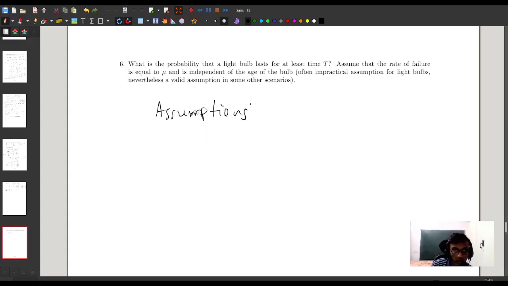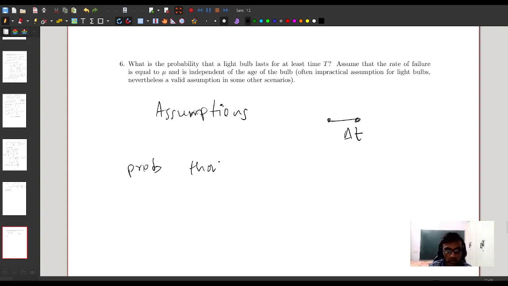Given any time, if you allow for some time interval delta t, the probability that this light bulb fails. Note that the bulb is just a placeholder, and this can be about any event that can occur, like success or failure.